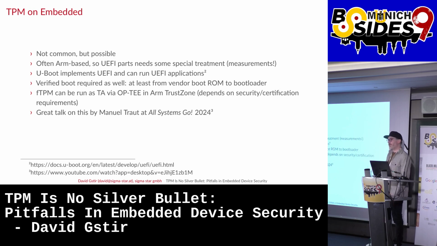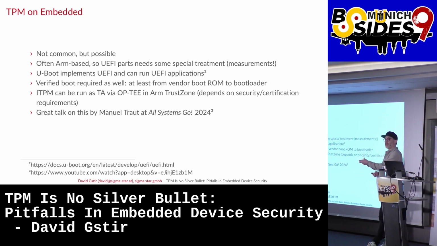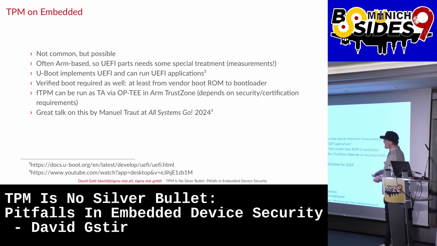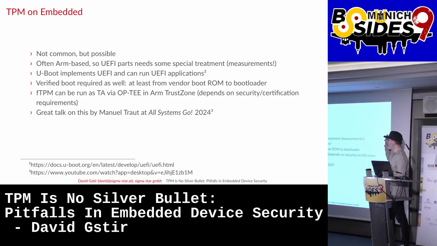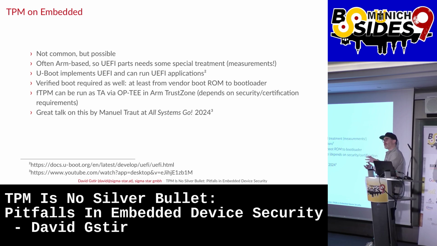So with an embedded device, if you want to use measured boot, you have to somehow re-implement all of that and find ways to do that. Often it's ARM-based chips with embedded devices, so you don't have UEFI, as I mentioned. You need to ensure that whatever starts as UEFI or whatever comes here is verified too.